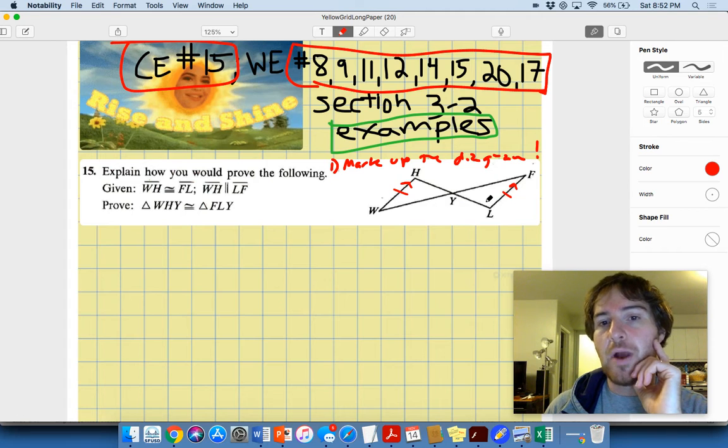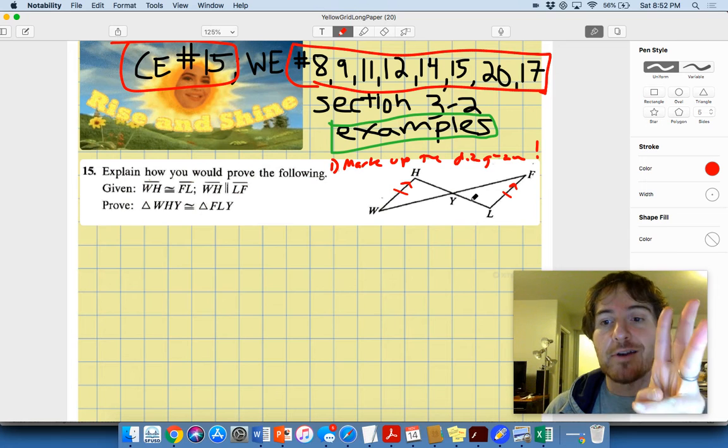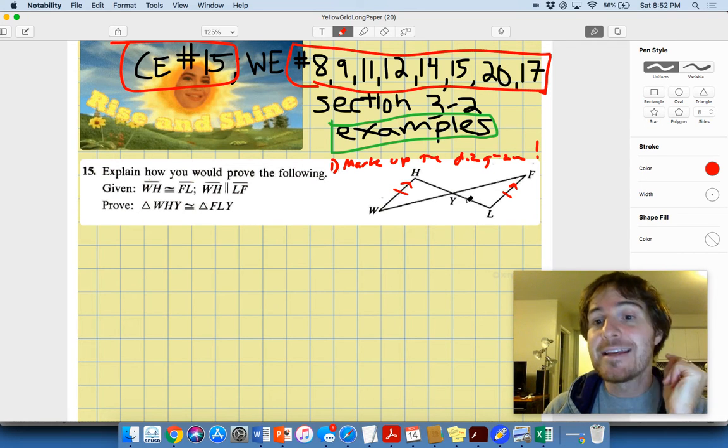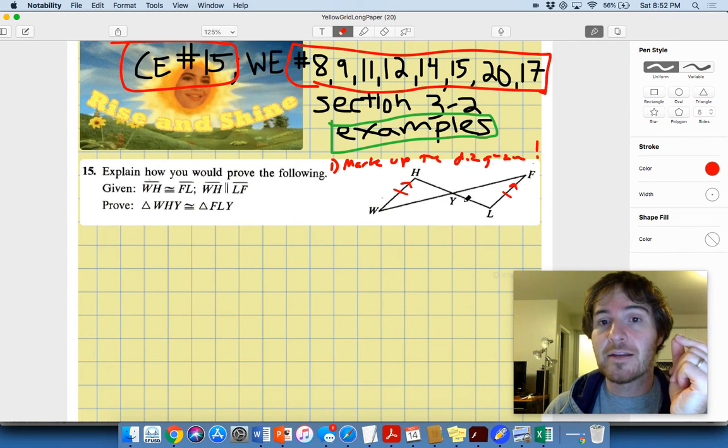One thing you might do in a problem like this to try to figure out how to prove this is say something like vertical angles are congruent, right? Because you're trying to get from one triangle to another triangle. Remember, you're really trying to get 3 things in common: side, side, side, or angle, side, angle. So you might think, hey, I'm going to make this vertical angle congruent. I might want to mark that one up.